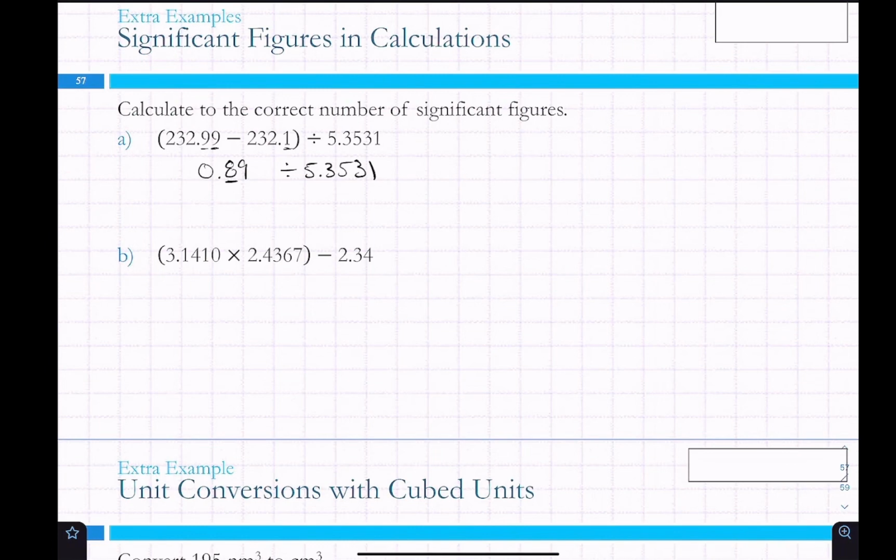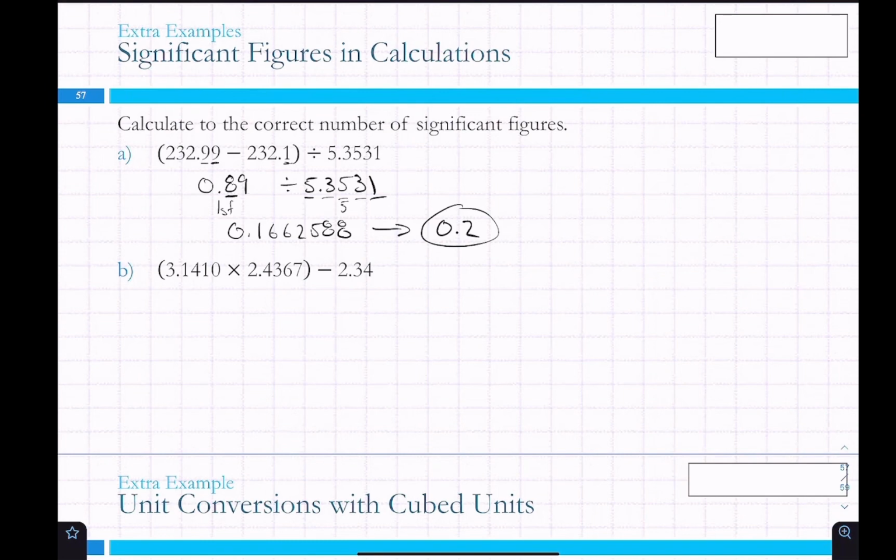And when we divide that, we get 0.1662588, more decimals than we need. Now we're doing division. This has 5 sig figs. This has 1 sig fig. So our final answer has 1 sig fig. So this will now become 0.2, and that would be the answer.